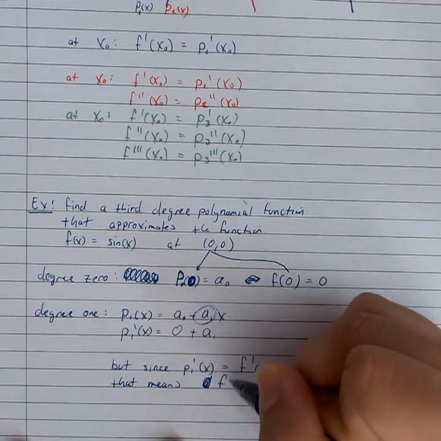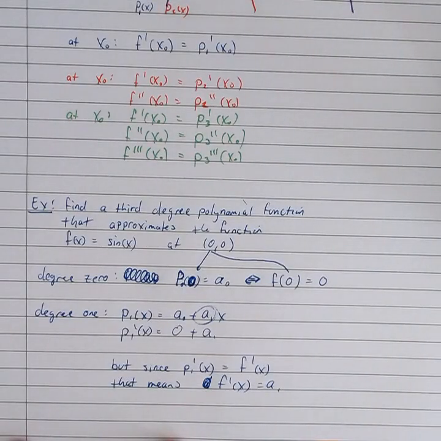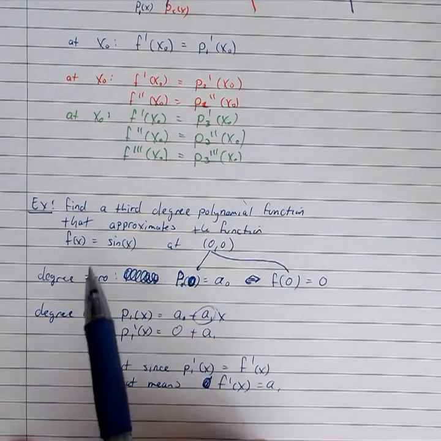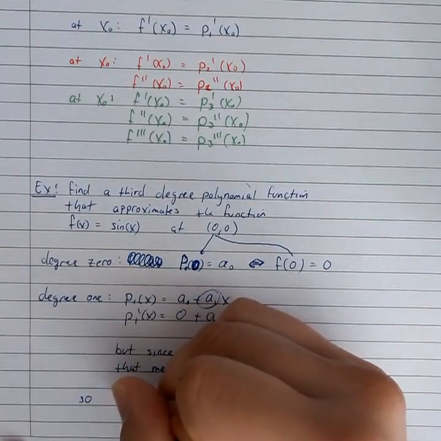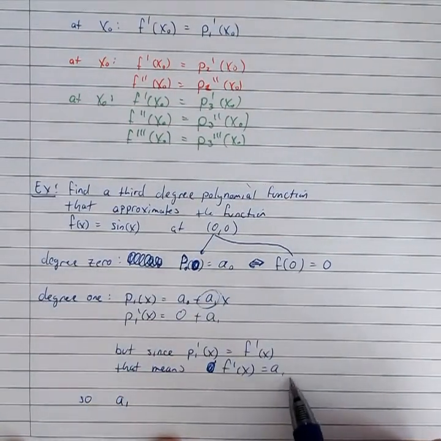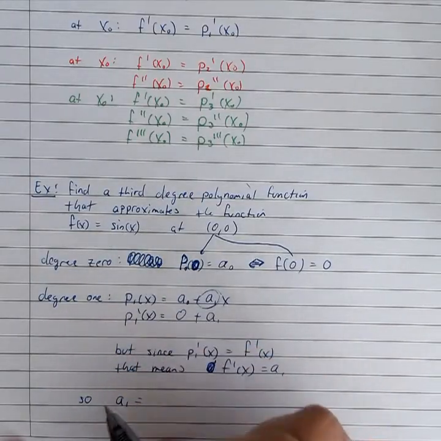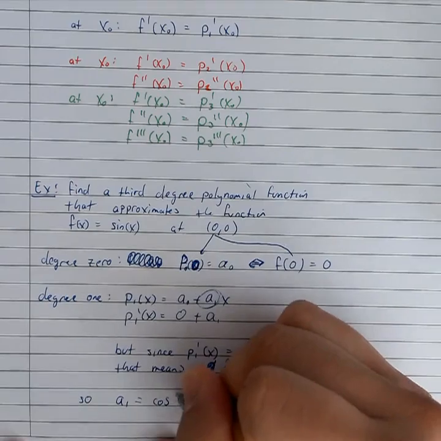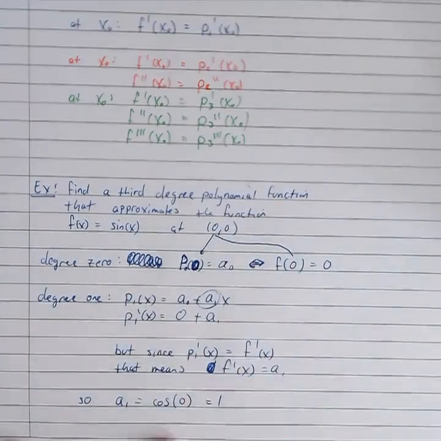But that's easy enough to do. I know how to plug that in because I know what f is. F is sine of x. So that means that a sub 1 is going to equal the derivative of f. The derivative of the sine function is the cosine function. And again, we're going to plug in the number 0, which gives the number 1.